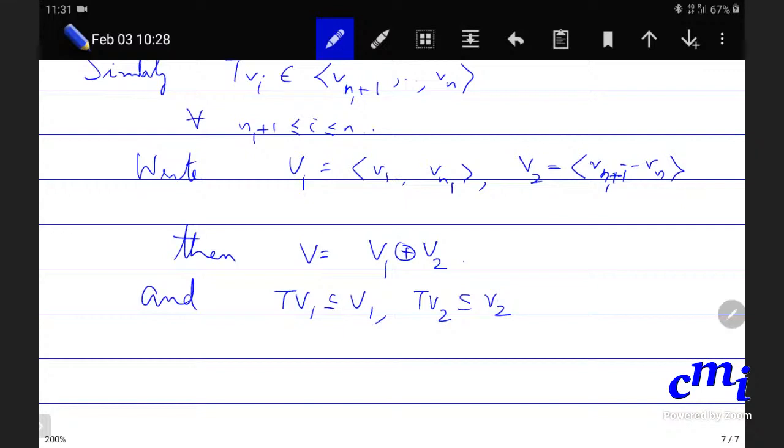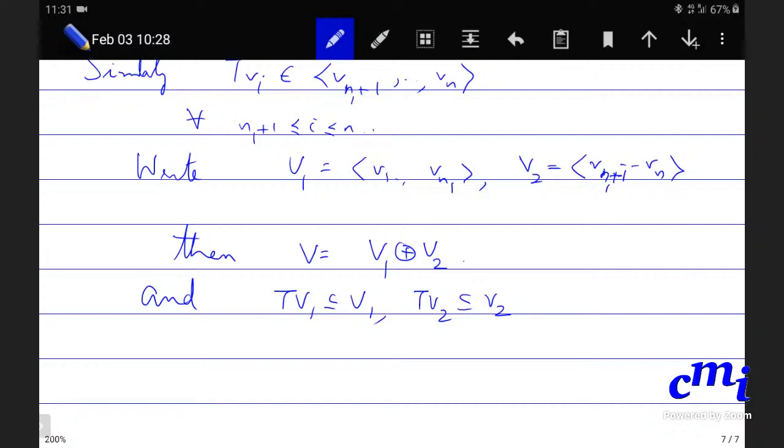That's the point. V can be decomposed as a direct sum of two proper T invariant subspaces. That's what this calculation just said.